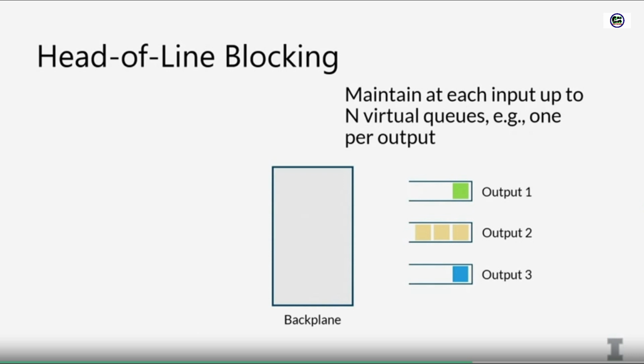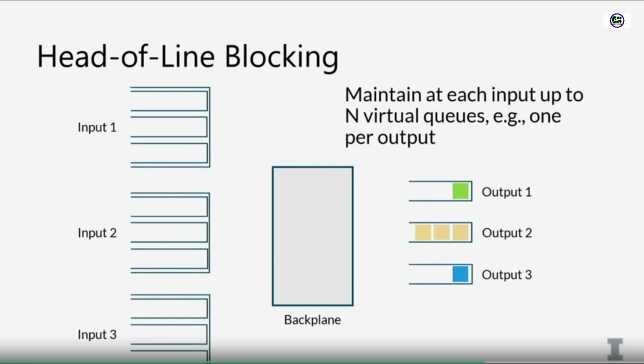You have your output queues in your backplane, but instead of just having one queue per input, you're going to have multiple virtual queues. They'll be realized through a single hardware queue, but you're going to maintain multiple pointers into it. That way, when packets arrive, maybe you have your input port 1, and you have a packet for output 2.